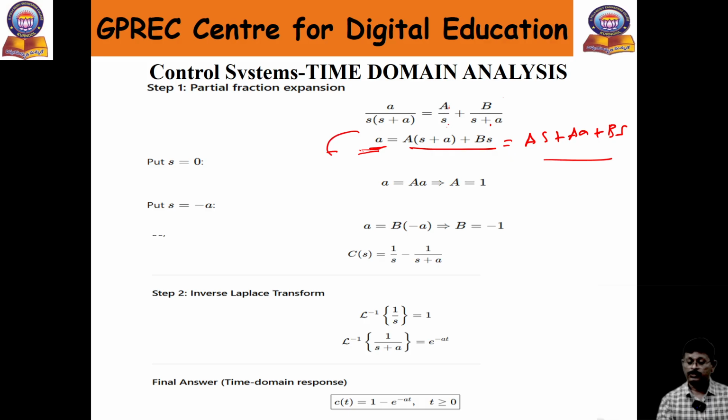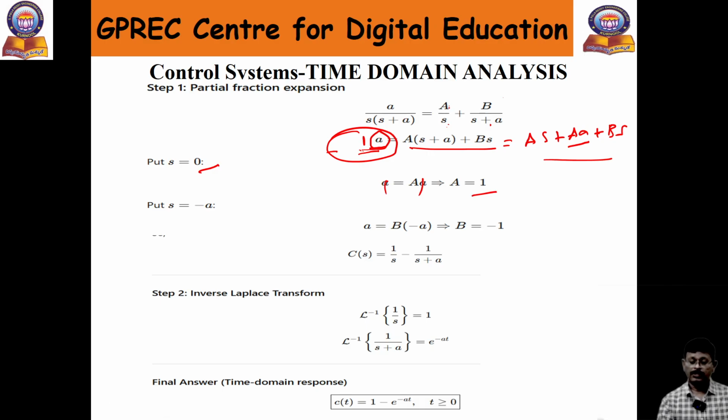Put s equals 0. When you put s equals 0, only the term Aa will remain. This is the constant term, and the coefficient I have taken is 1, so Aa equals a, the a cancels out, so A equals 1.